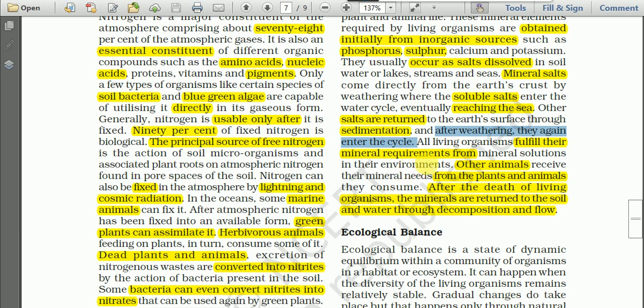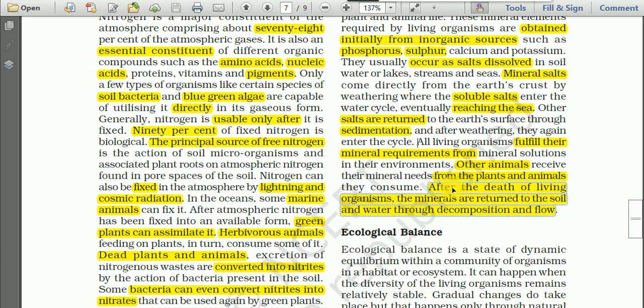And all living organisms fulfill their mineral requirements from the mineral solutions in their environments. Then other animals receive these mineral needs from the plants and animals. For example, human beings and animals are receiving these important minerals from the plants and from the animals after eating them.